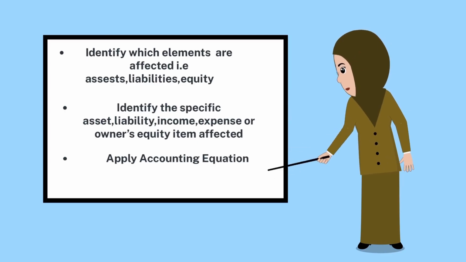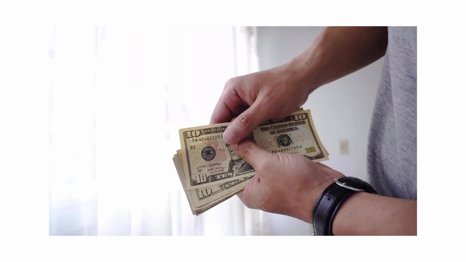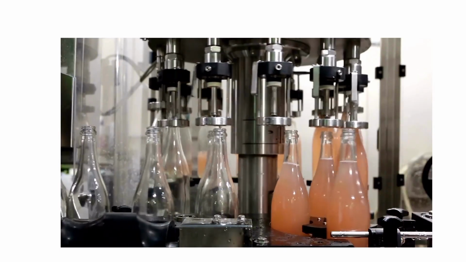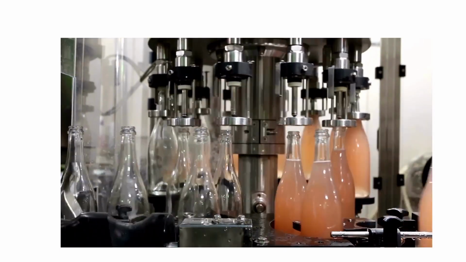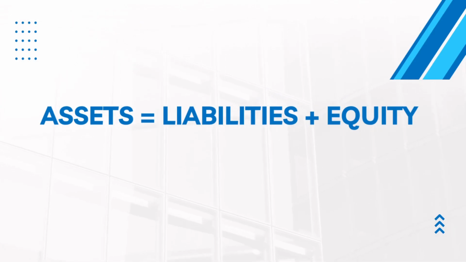In other words, if it's an asset, it can be cash, inventory, accounts receivable, machinery, etc. Then you decide if the identified item is increasing or decreasing by applying the accounting equation.